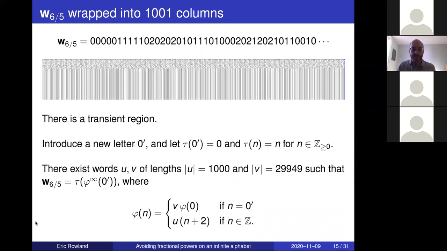You can capture this transient using a morphism by introducing a new letter 0 prime, and then defining the morphism as it is down here, where if you're applying the morphism to 0 prime, then you have this V word that captures everything that goes in this transient, and then kicks off the word with phi of 0. And then you also need a coding to take this 0 prime and replace it with 0. The coding leaves all the other letters the same.